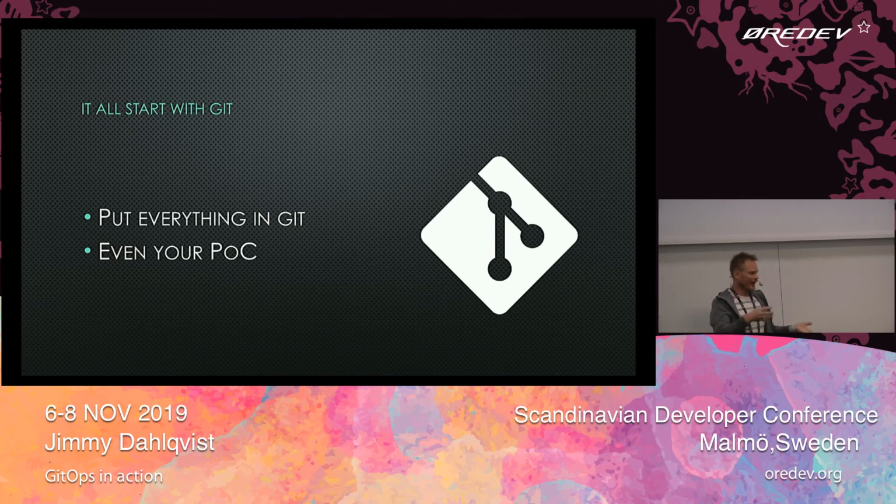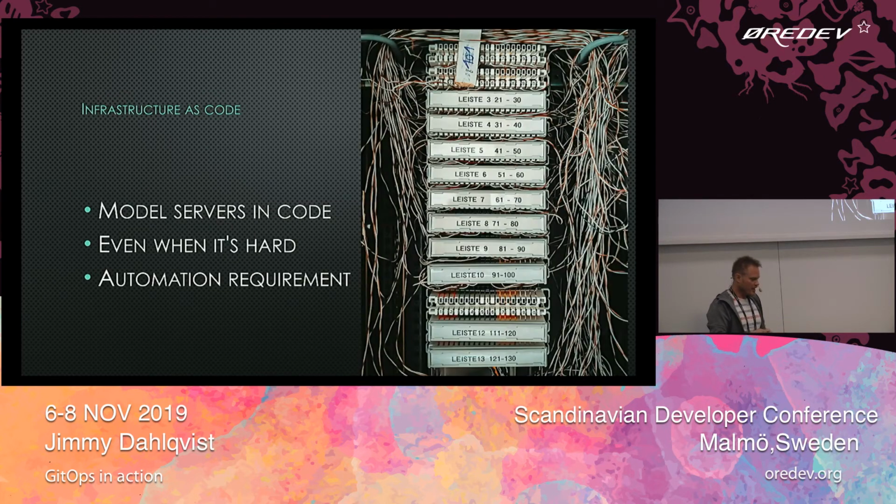So they had to go back and redo the work, put it in Git, and then try to redeploy everything again to have it up and running. So when I say start with Git, put everything in Git, it sounds easier than it actually could be. But that is where we start. We start with Git, of course.